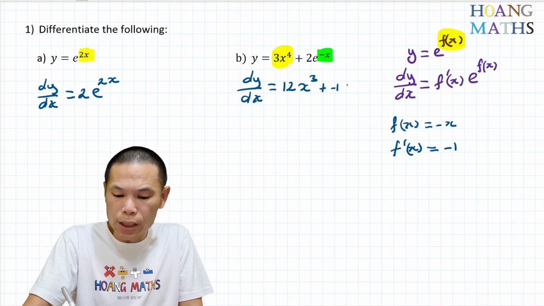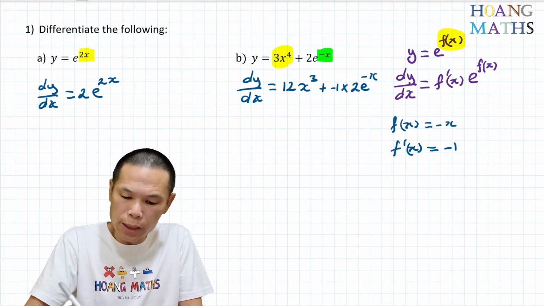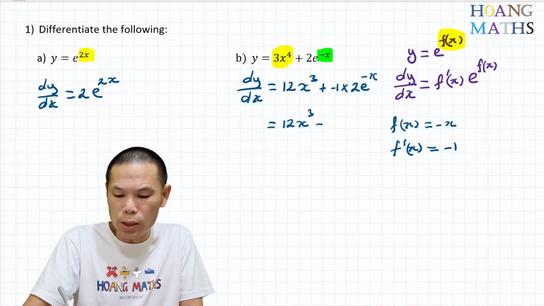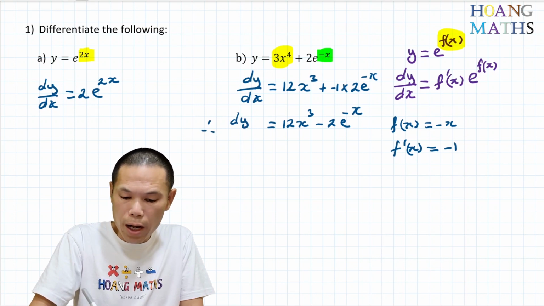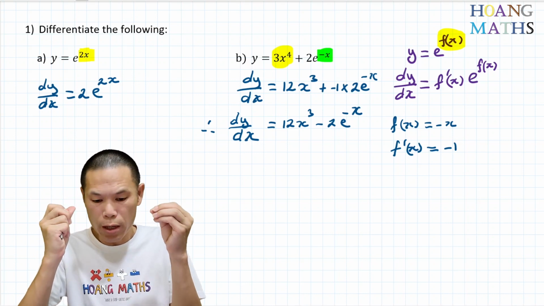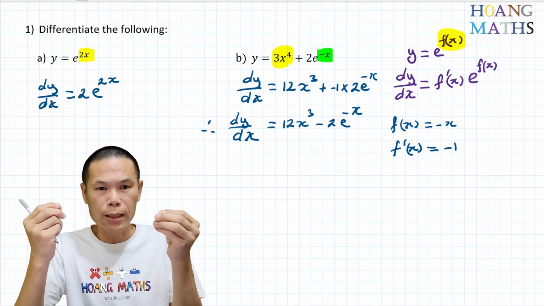That is f dash x times the function itself, which is 2e to the negative x. Now we just simplify this. That will give me 12x to the power of 3 minus, negative 1 times 2 is negative 2, so 2e to the negative x. Therefore, dy/dx is 12x to the power of 3 minus 2e to the power of negative x.